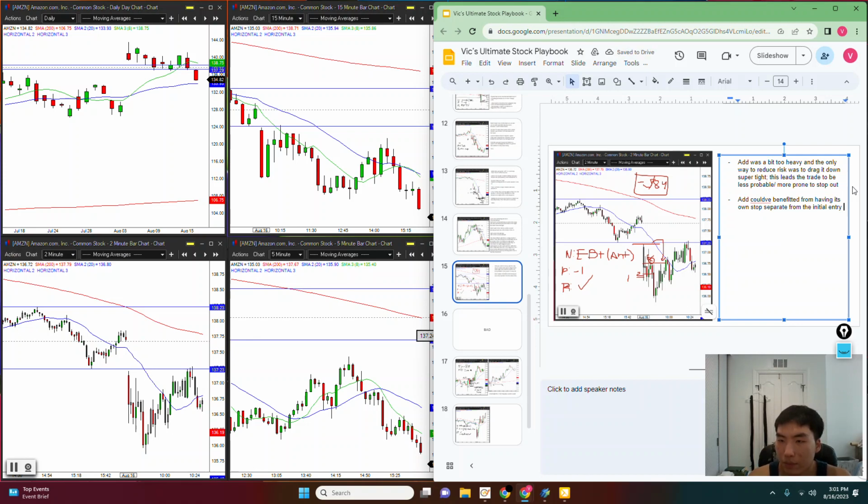Calculate adds better so that you don't have to reduce risk in a stupid manner, to a stupid location, with stupid probability. And then what we got?